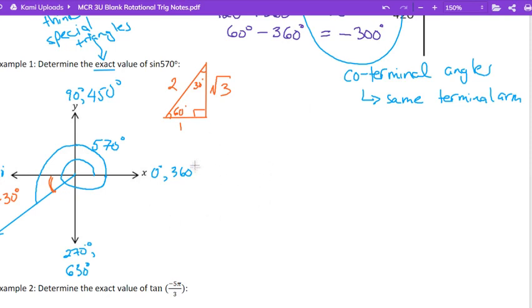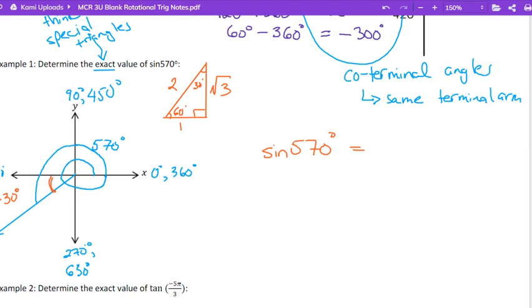All right. So we've got the special triangle, and we are asked to find sine of 570. Now I have to turn to the CAST rule. How come? I need to know if it's negative or positive. In the third quadrant, will sine be positive or negative?